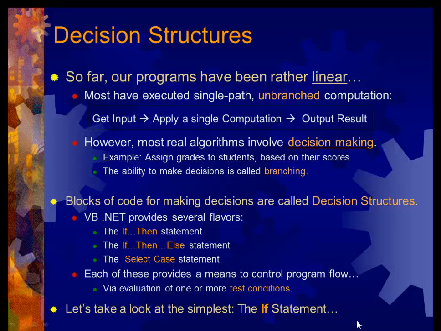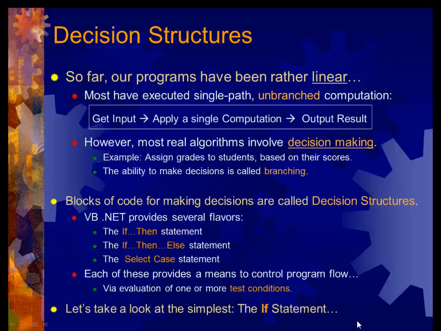However, most real algorithms involve decision making. For example, assigning grades to students based on their scores. The ability to make decisions is called branching.